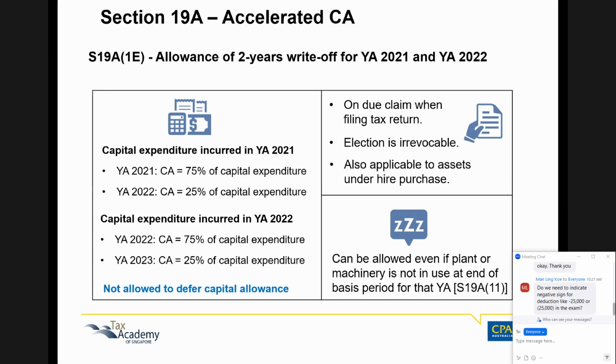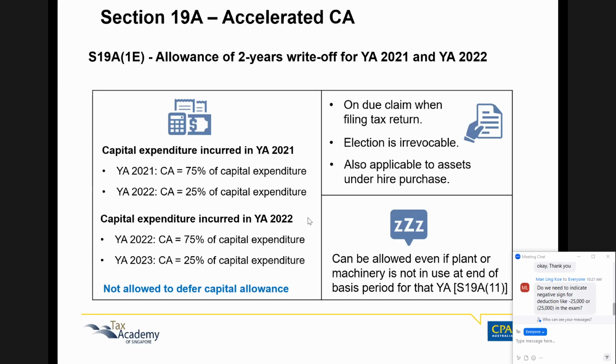If you look at the words in blue, you cannot defer the capital allowance. It is very specific, and I want to highlight that again. For capital expenditure incurred in YA 2021, if you want to go for this accelerated 2 years, you have to claim 75% in YA 2021, and then the remaining 25% in YA 2022.